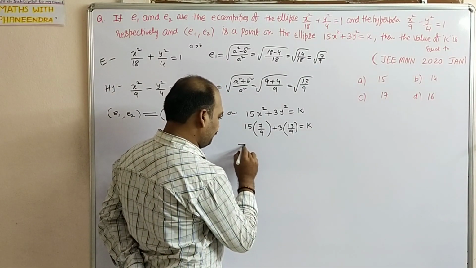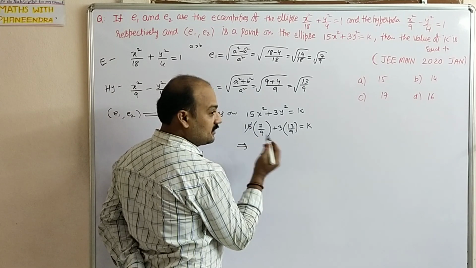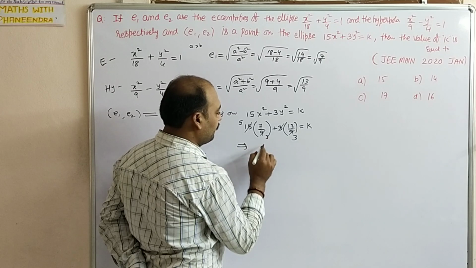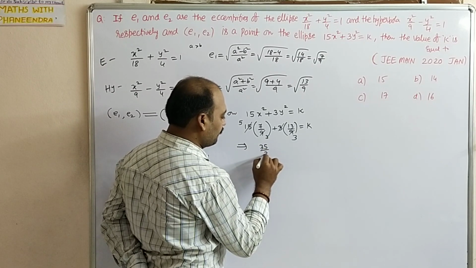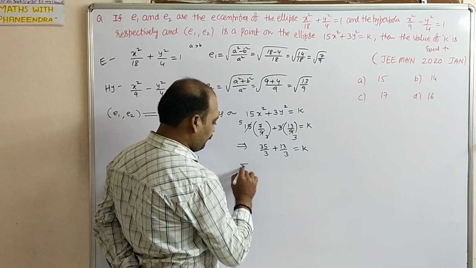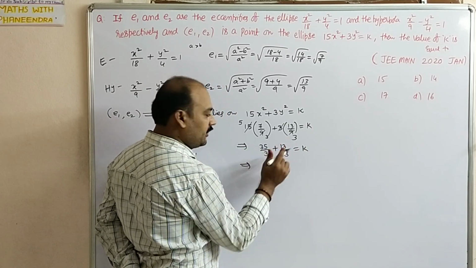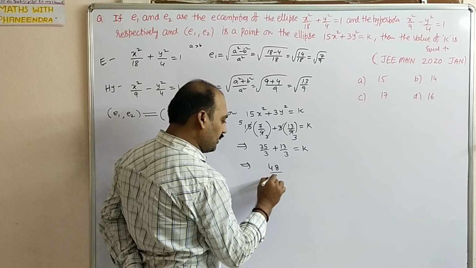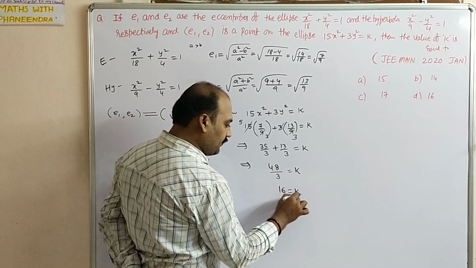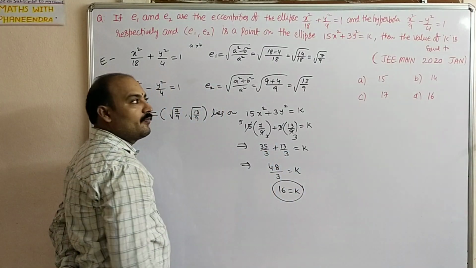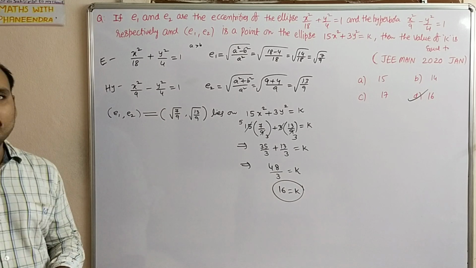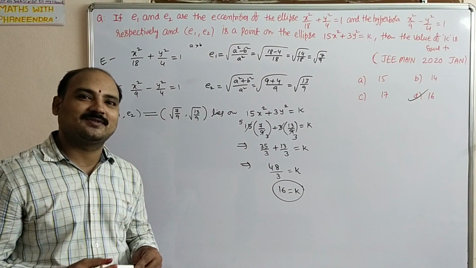So take the LCM. Before LCM you can divide: 3 ones are 3, 3 fives are 15. So 35 by 3 plus 13 by 3 is equal to k. So 35 plus 13 is 48, by 3 is equal to k. Therefore 16 equal to k. So the value of k equal to 16, which is there in the fourth option. We will move to the next question, dear students.